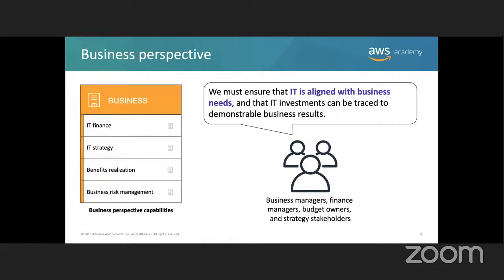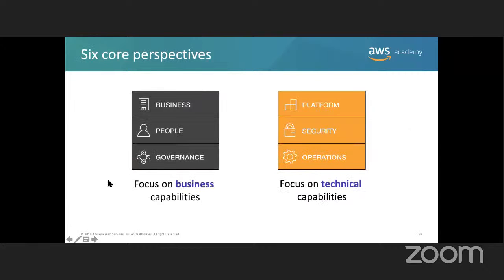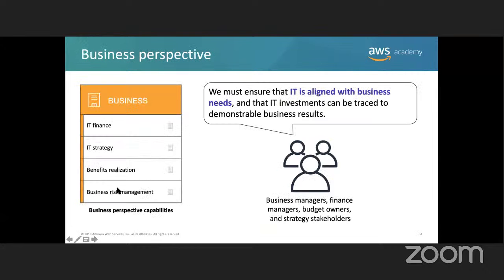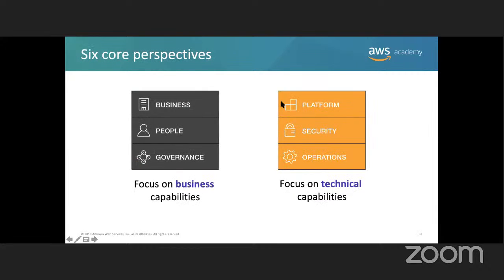So these stakeholders should ensure that the organization's business strategies and goals align with its IT strategies and goals. So we have the IT finance, IT strategy, benefits realization, and risk management. All of these guys are involved in this, and IT and business need to be aligned. So that's the business part.